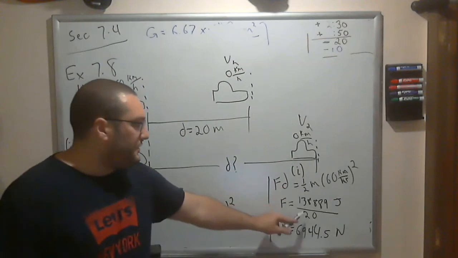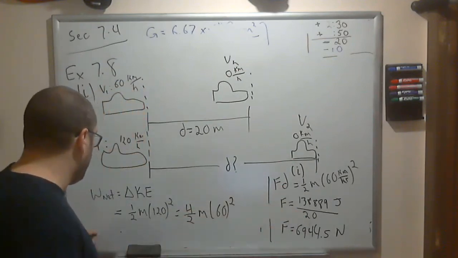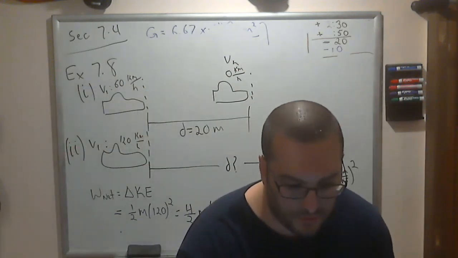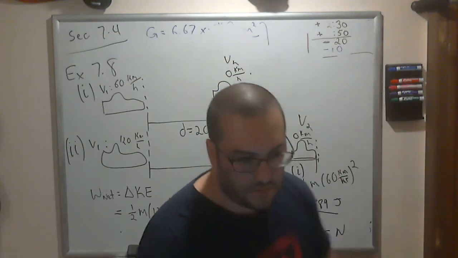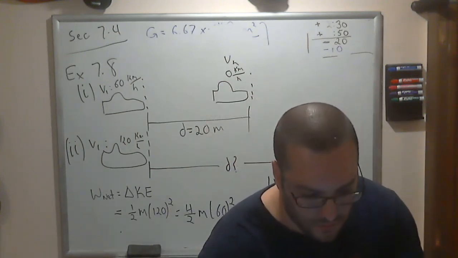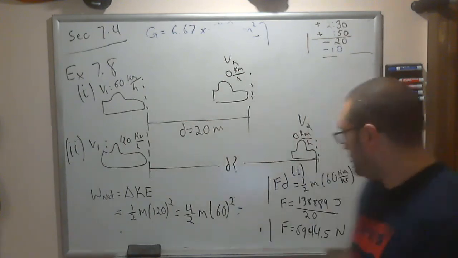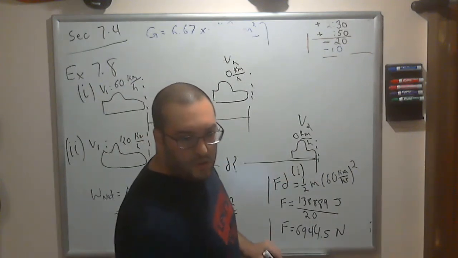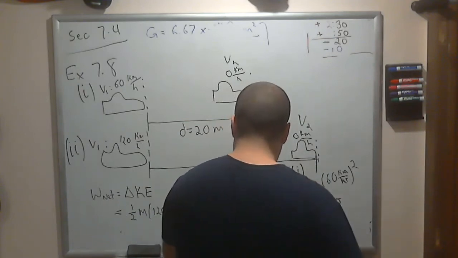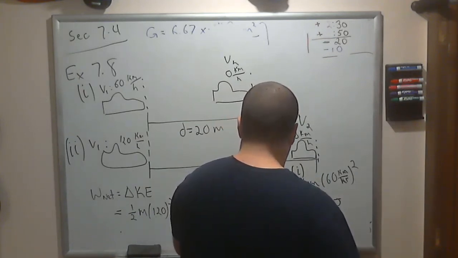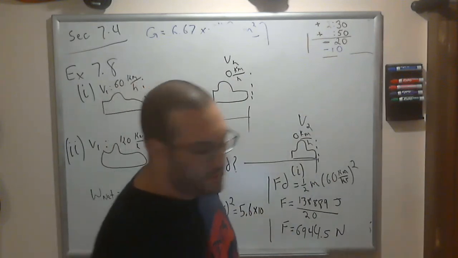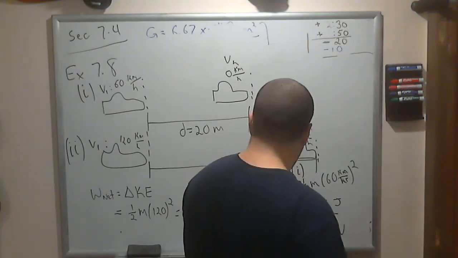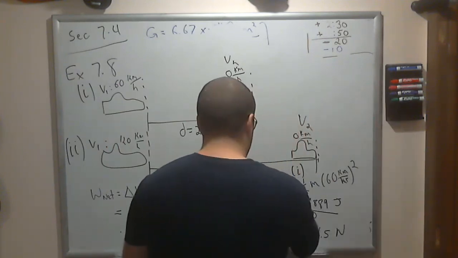So it's 4 times this quantity here, right? And then it comes out to be 5.6 times 10 to the 5th, right? Joules.